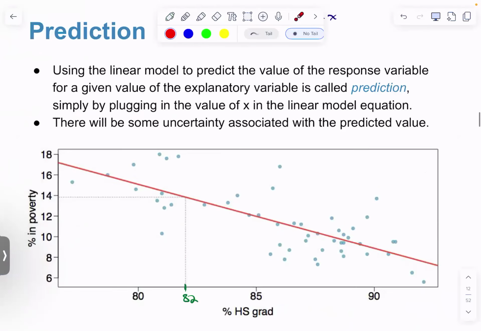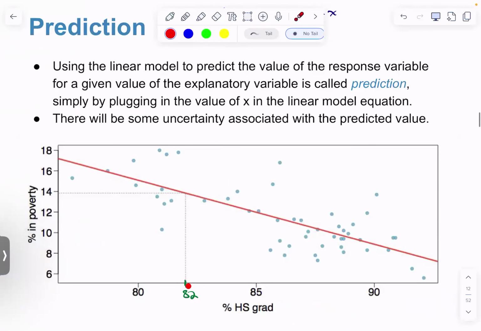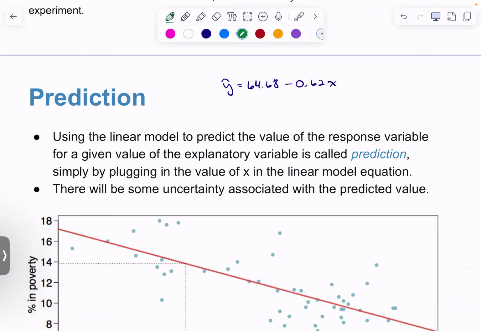So what we would do is if we want to predict the percentage in poverty for a state with 82% high school grads, then you can plug in 82 for your x, and you can get the y hat is 64.68 minus 0.62 times 82.